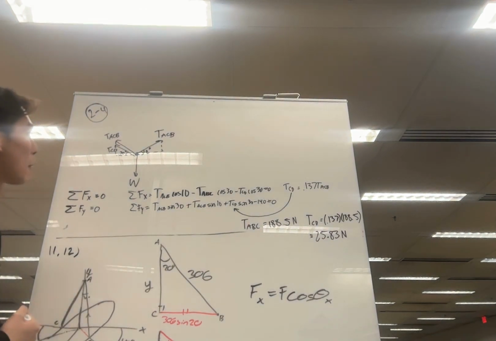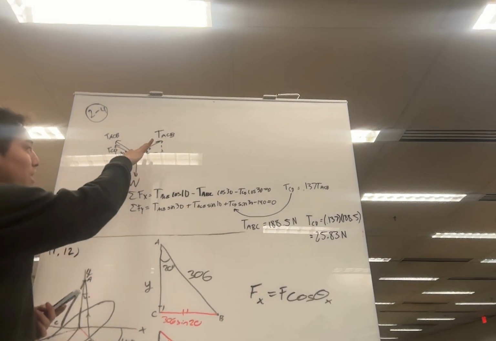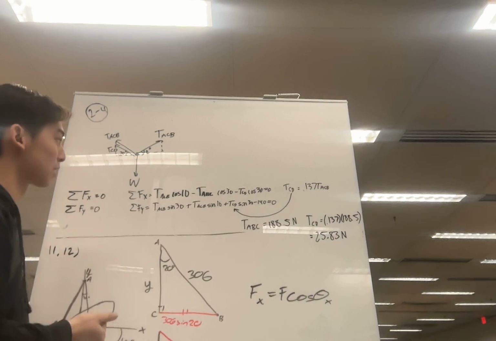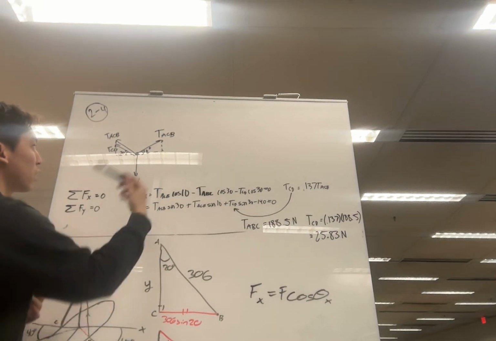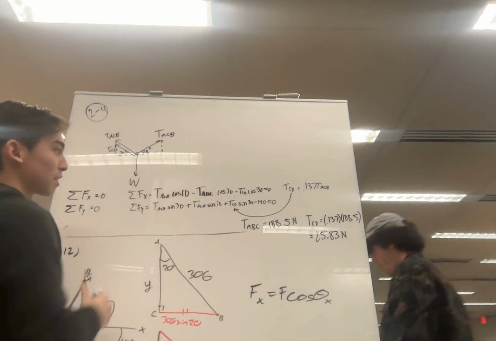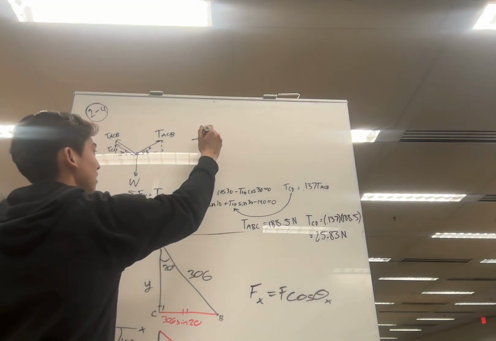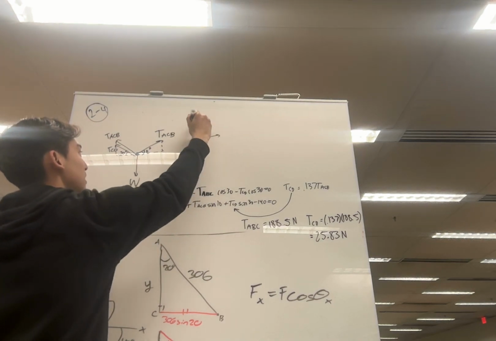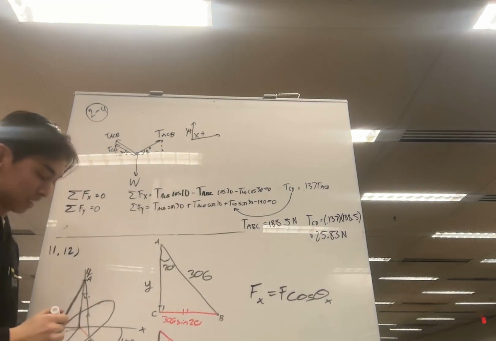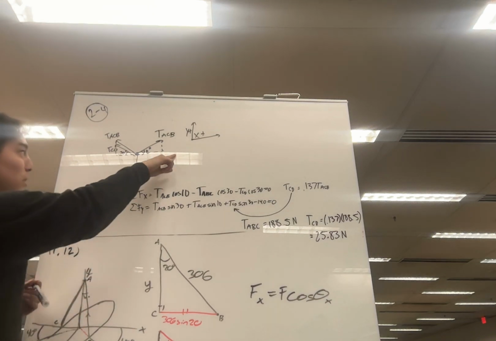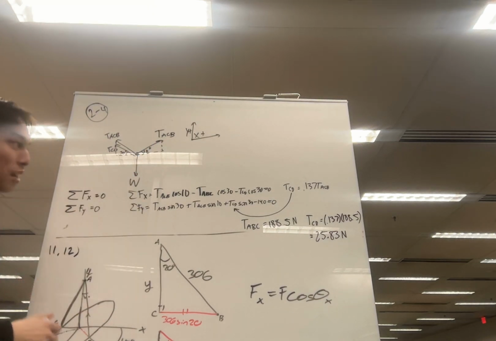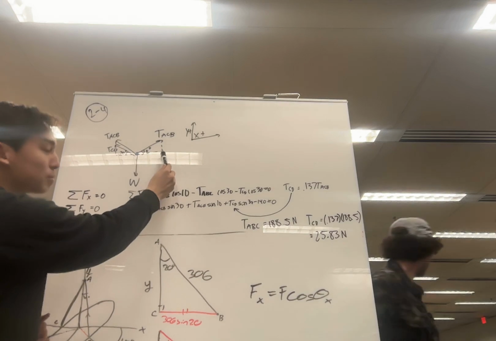And then we're going to get the components of each force here. For the X, we're going to say that X is positive to the right and Y is positive up. So the rightwards component of the tension for ACB is TACB cosine 10.